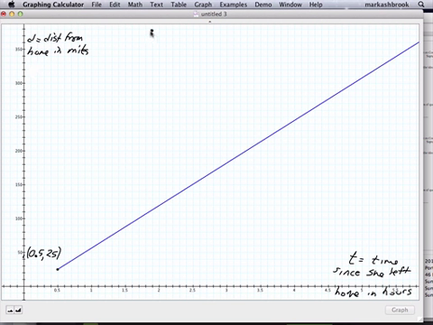And we also found her speed by taking the change in distance over the change in time. And her change in distance was 220, because up here at 4 hours, she was 245 miles from home.